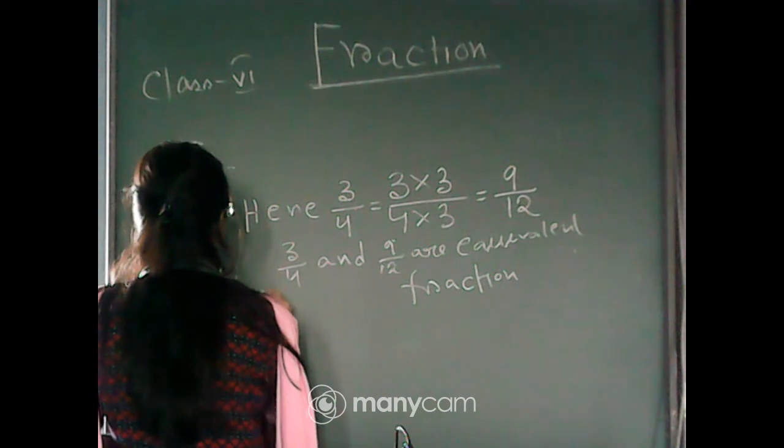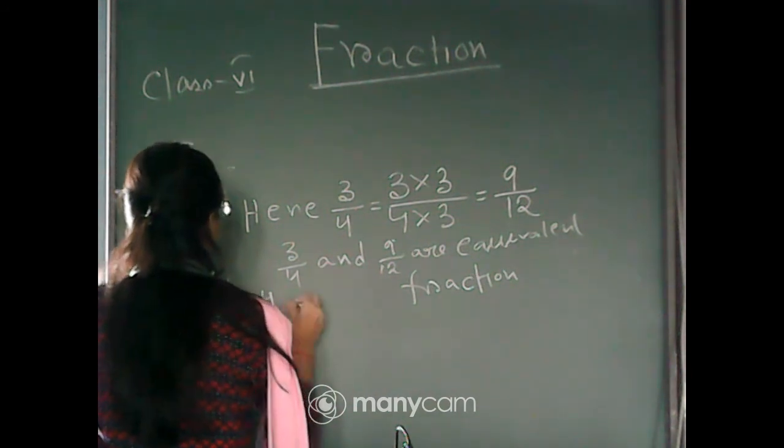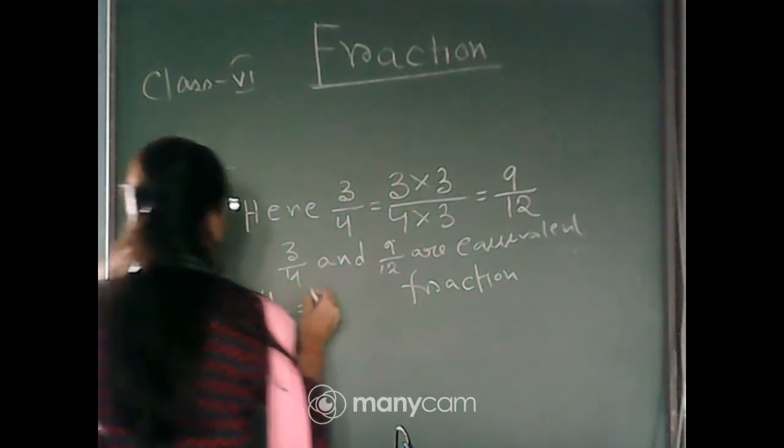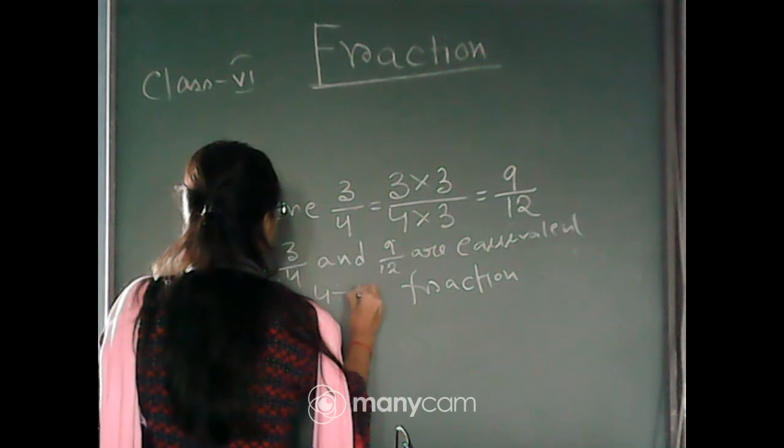Similarly, 4 divided by 8 is equal to 4 divided by 2 over 8 divided by 2.